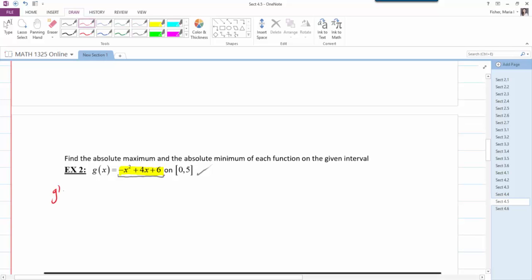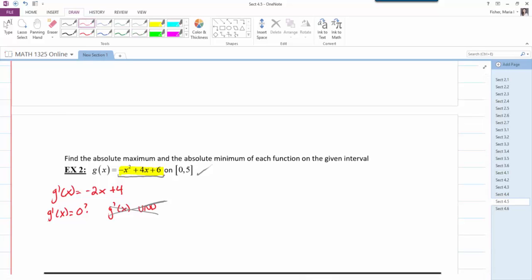So if I find the derivative, g prime of x is going to equal negative 2x plus 4. So then I need to figure out where is this equal to 0 and where is this undefined. Well, negative 2x plus 4 is a line, so is there anywhere where it's undefined? No, it's continuous over its entire domain.